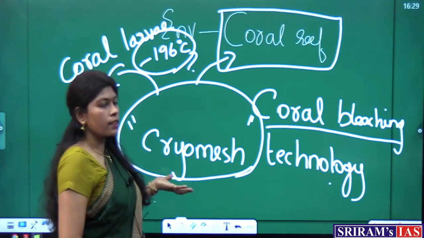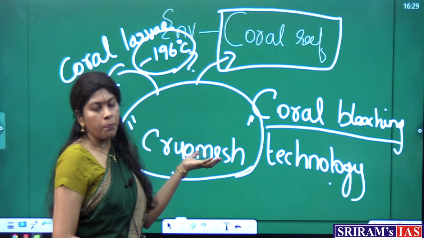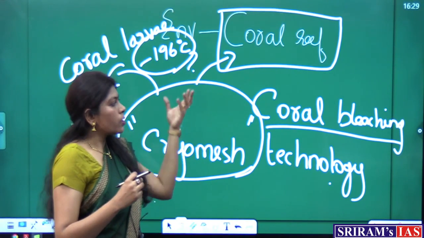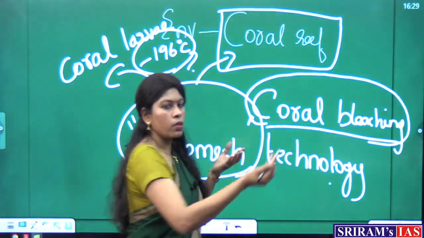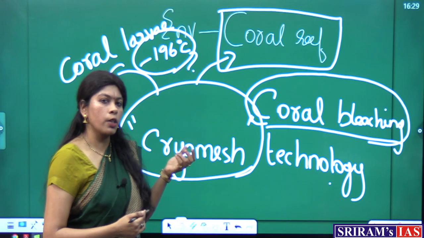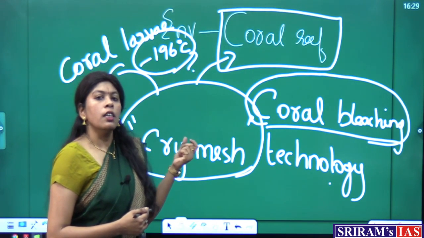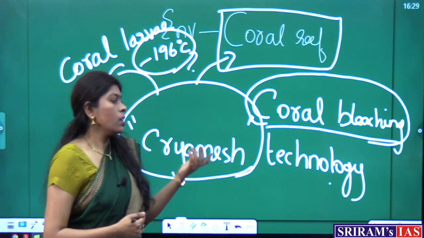So for what reason are they doing this? And they have also made this technology in a cheaper way. The reason is that a lot of events like coral bleaching, and even more problems, are associated with coral ecosystems because of climate change events, global warming and all.